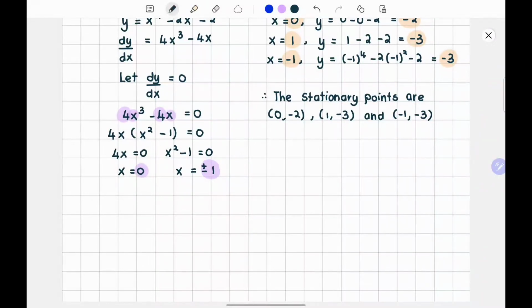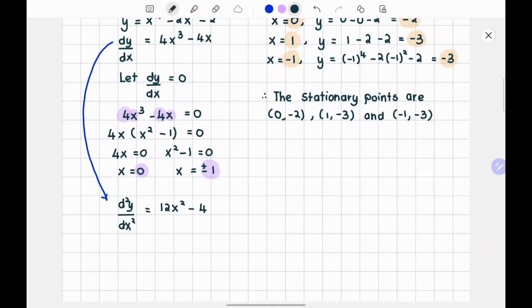Kalau kamu guna first derivative, kena create table. Kalau guna second, kena differentiate lagi sekali. So saya gunakan second. Saya differentiate lagi sekali dy dx ni. So akan dapat second derivative equals to 12x square minus 4. Then kita ada 3 point.